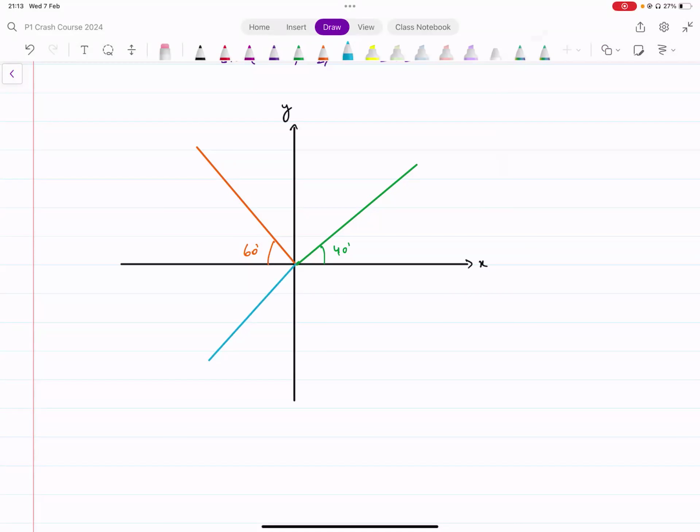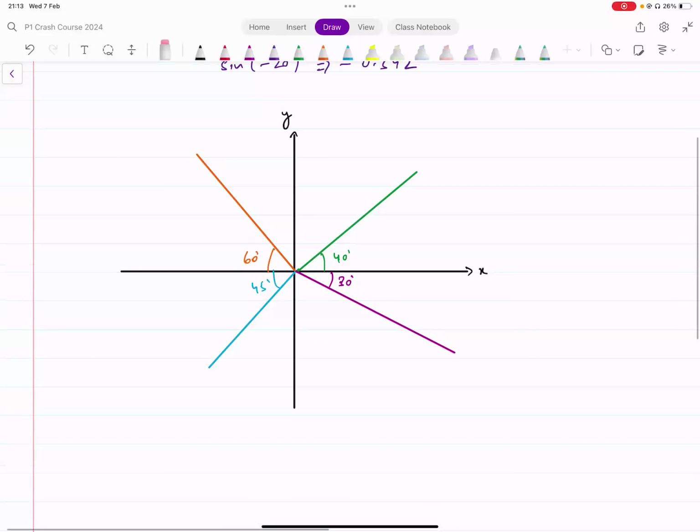This line, let's say, has an angle of 45 degrees. And another line. This line has an angle of, let's say, 30 degrees with the x-axis, in this last quadrant.